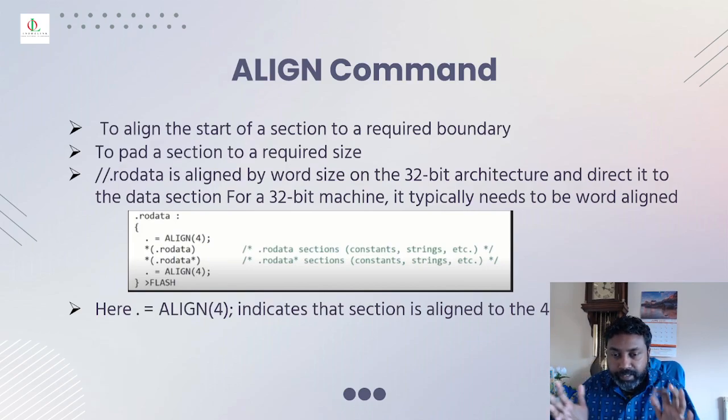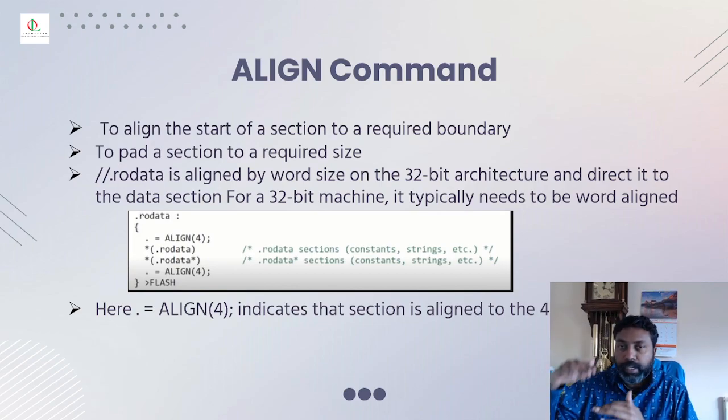It aligns and prepares that particular .text or .data, and tells the compiler that this area is aligned and only used for .text purposes, and this area is aligned and only used for .data purposes. Also, it gives you a pad section to get a required size. By aligning, you can't modify that area, so it's specifically given for that category.